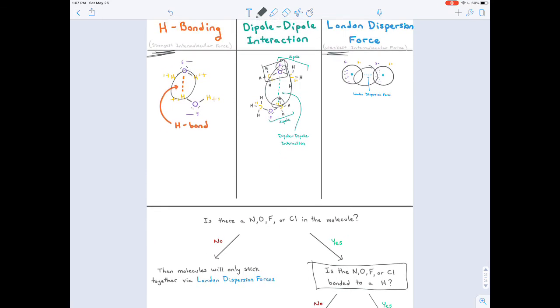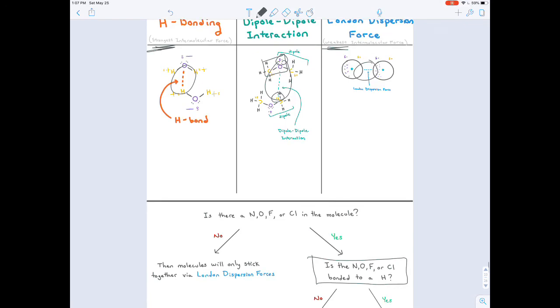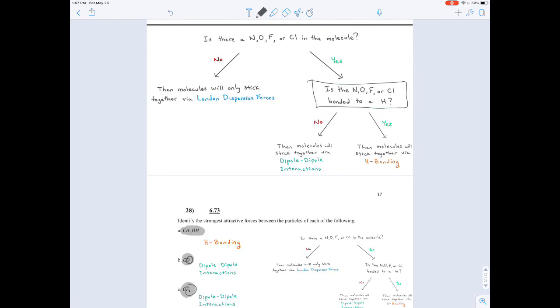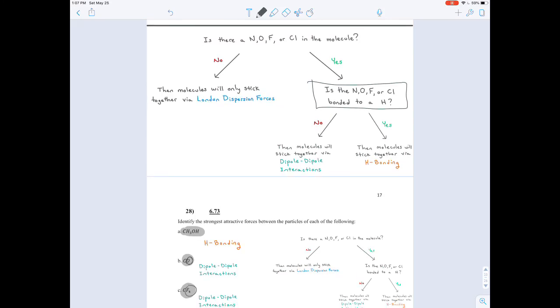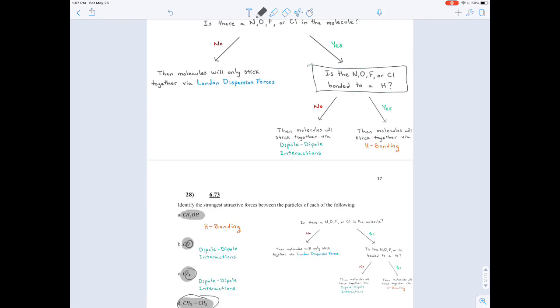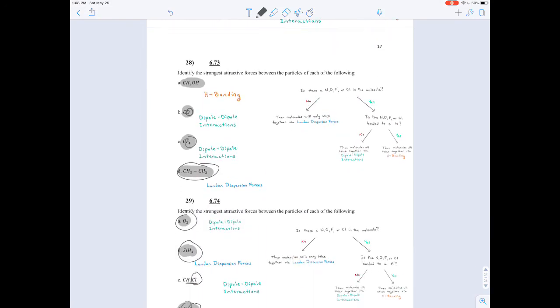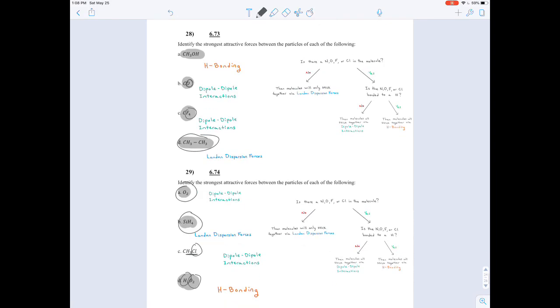That stickiness determines whether things are solids, liquids, or gases at different temperatures. And provided that none of the dipoles cancel each other out, you can follow this flowchart. Certainly on my exam, you can follow this flowchart to figure out which intermolecular force is making molecules stick together when they're all in a group in a container.